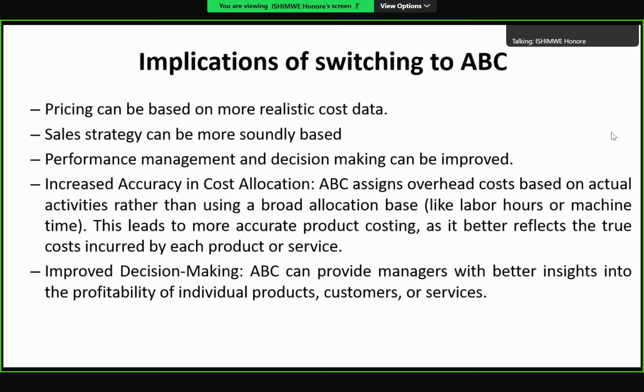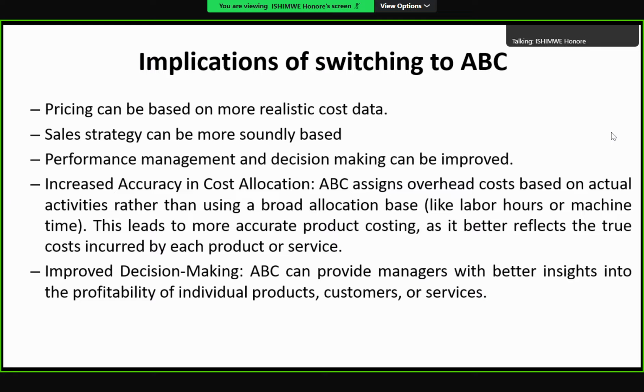Again, if we determine a sales strategy, it can be more soundly based, because it bases on actual activities happening in relation to the cost that is to be incurred. So performance management and even decision making can be improved because we understand our cost structure more.